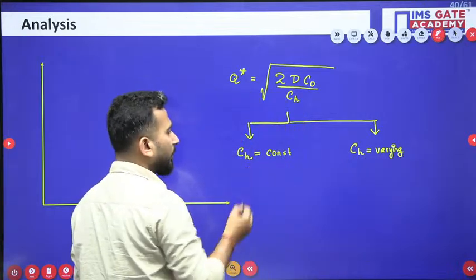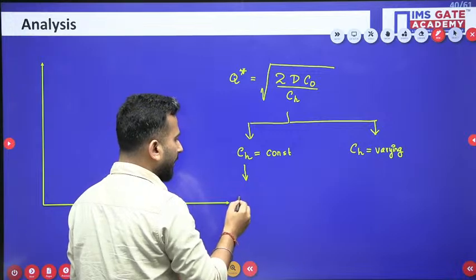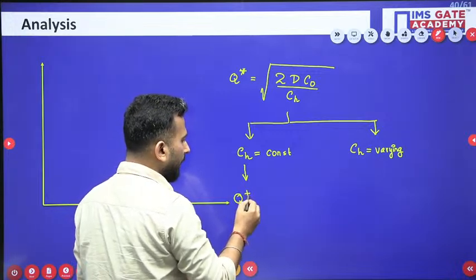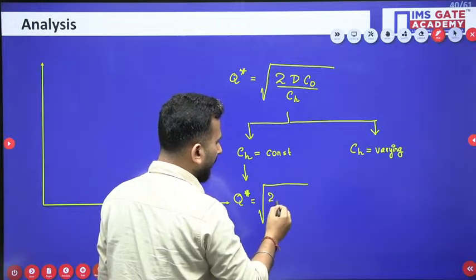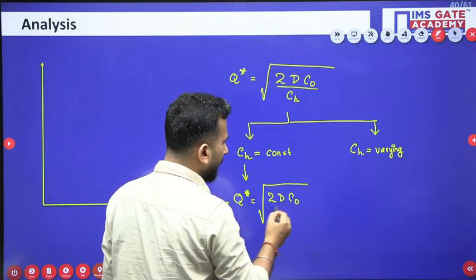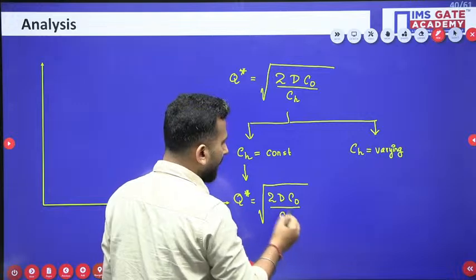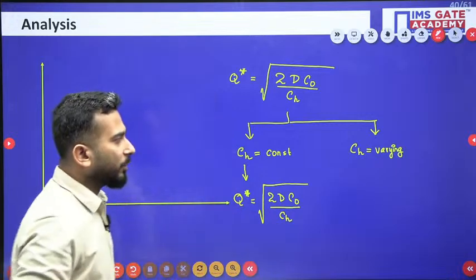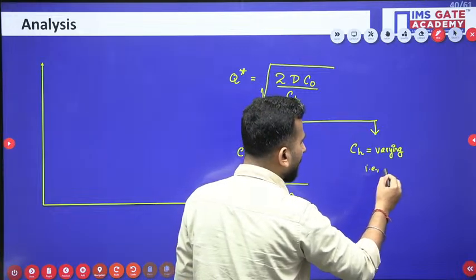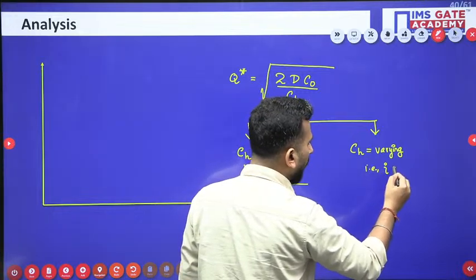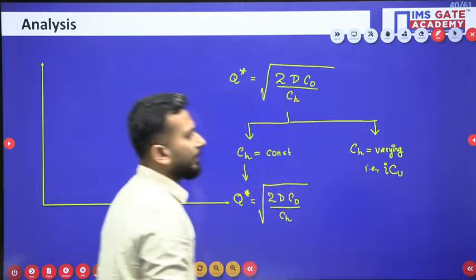Now if it is constant, you can very easily find out the Q star. Q star will be only one, that is root of 2D C naught by CH, only one Q star because it is constant. And when it is varying, it is expressed as some I times the unit cost. How can it vary?